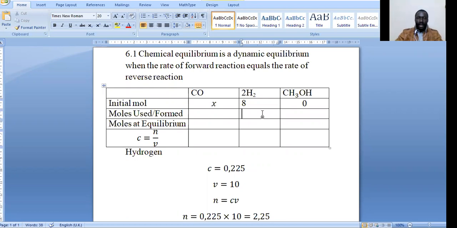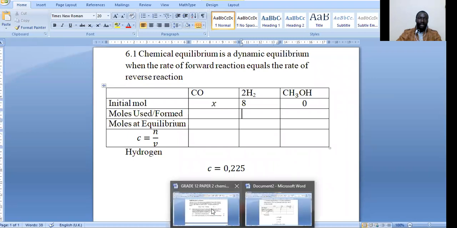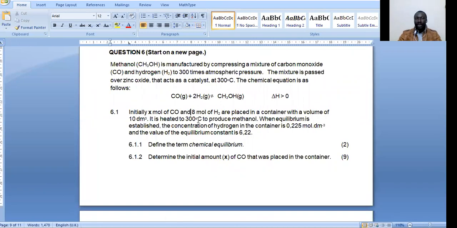Notice that after calculating the number of moles here, unfortunately, we have not yet copied the formula. Let's first get back to this. Now, we have calculated the number of moles at equilibrium. What we had initially is that the number of moles of hydrogen was 8, but now at equilibrium, the number of moles is 2.25.